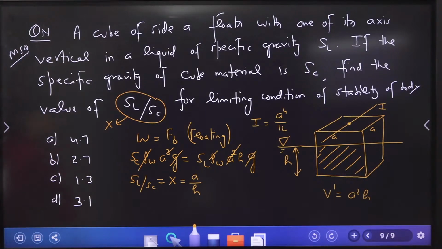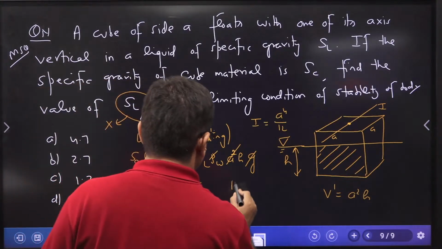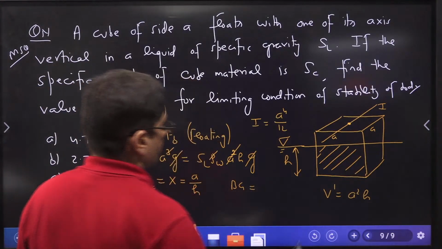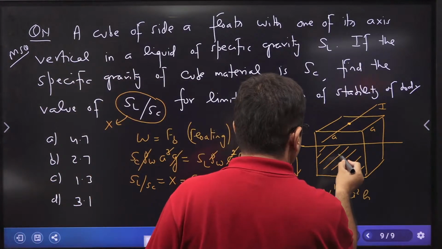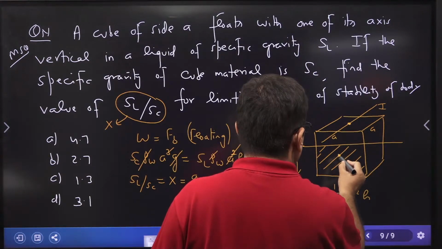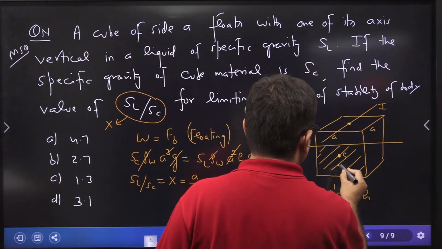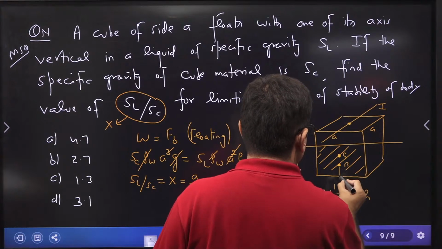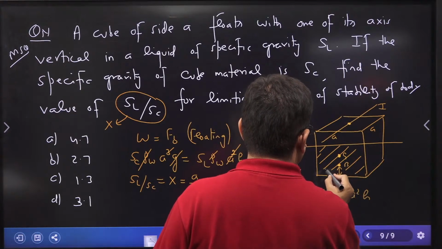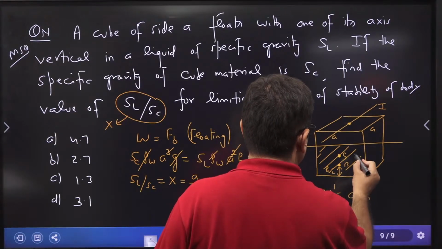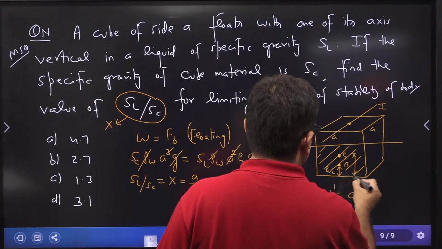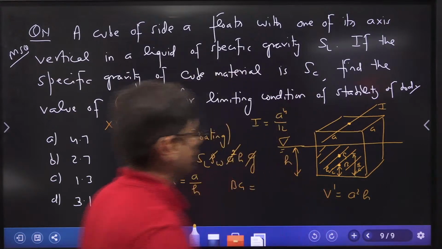Now, what is B to G height? Can you tell me what is B to G height? Now G point is this, B point is this. If I take the distance from here to here, this is h by 2. If I take the distance from here to here, this is a by 2. See carefully.